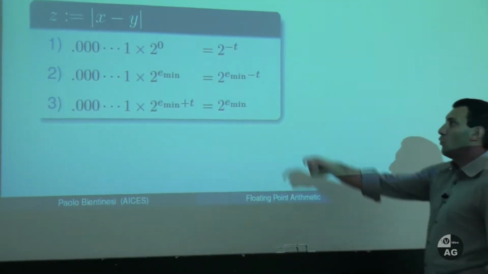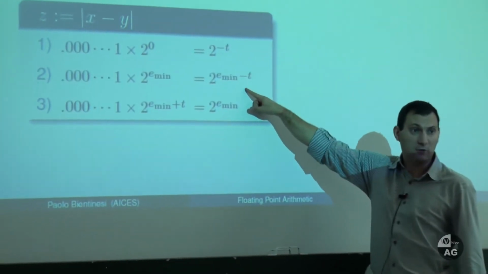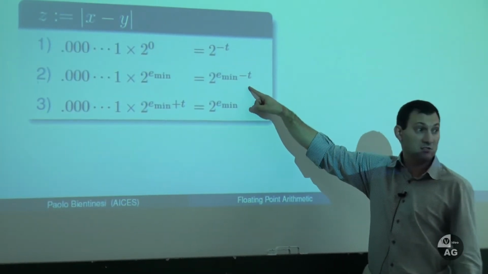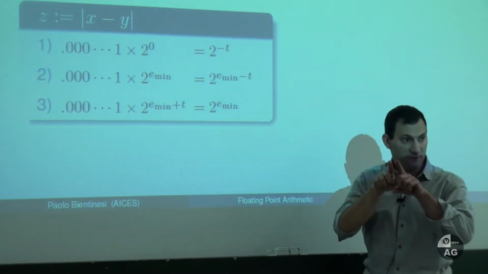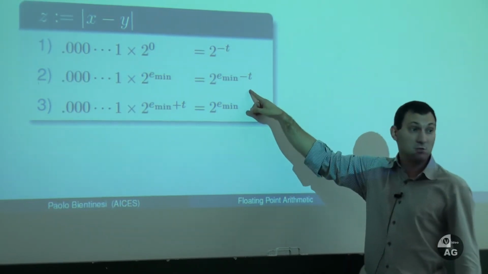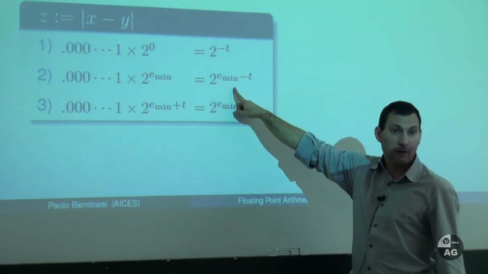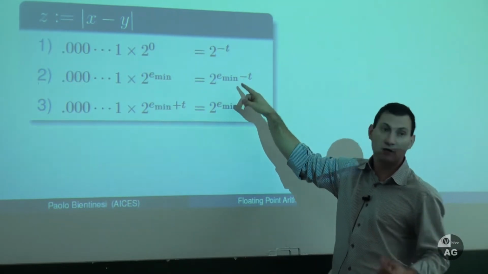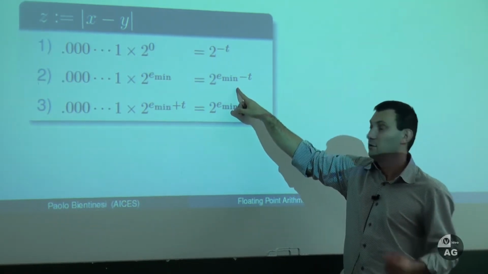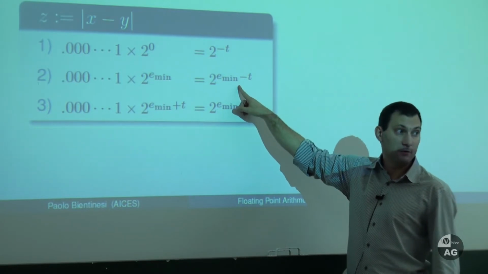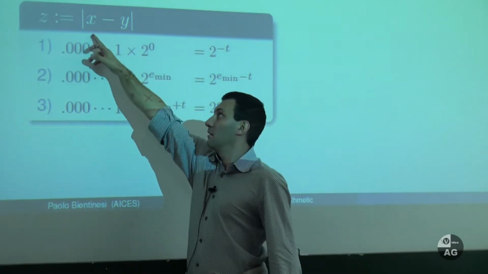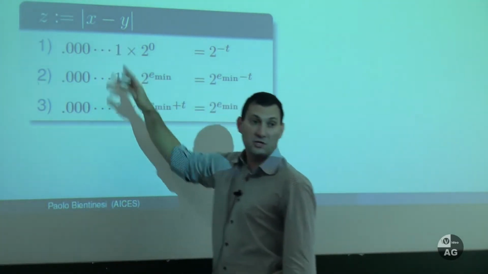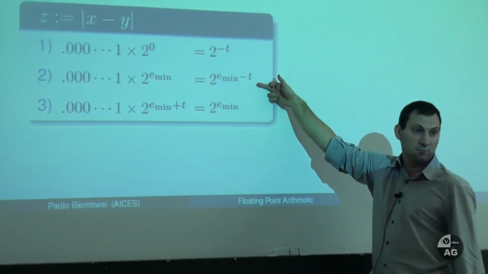While this is the mathematical distance, and it's true that there are floating point numbers that are so far apart, it's also true that this number is smaller than the smallest number representable. So this would be an underflow. So this cannot be an answer. So z, as a result of this computation, cannot be this number.